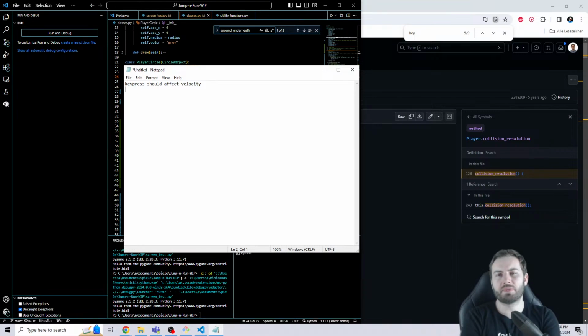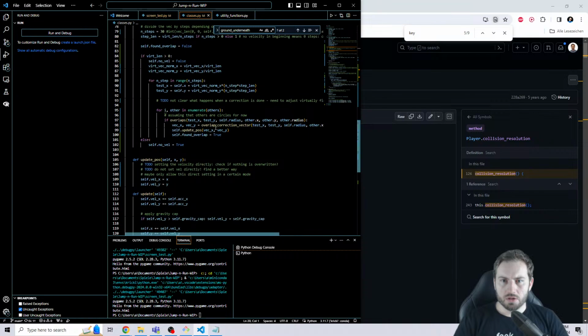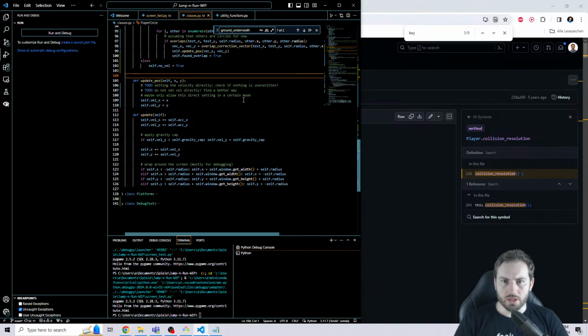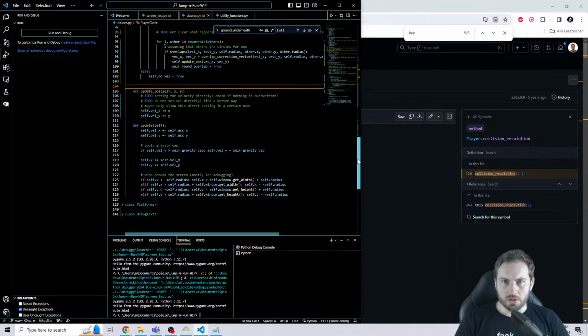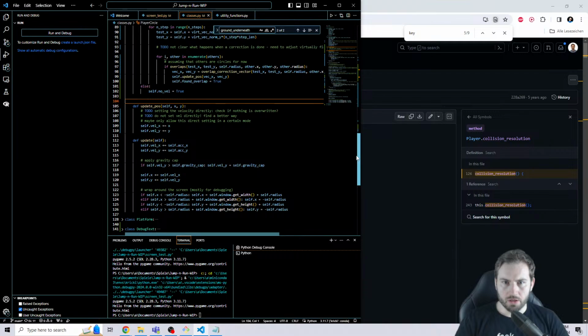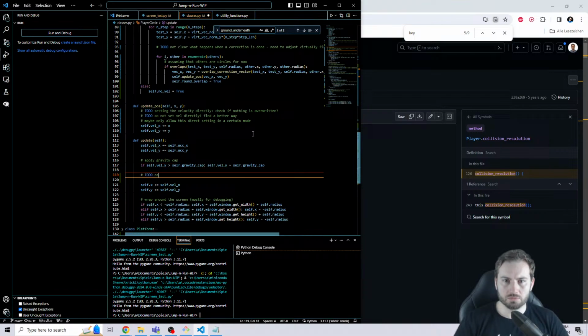Or is that... it needs a cap. If I just add to the velocity, then it's getting too fast. I mean, I could actually cap the speed or the velocity anyway. Because of friction and stuff.